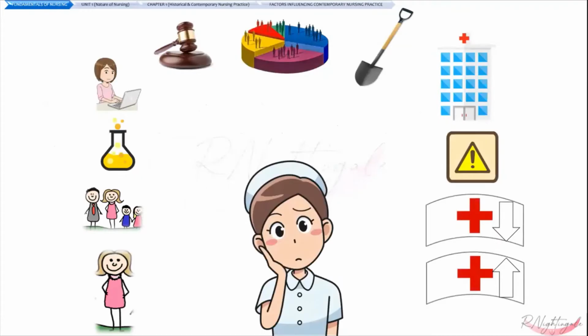So here I have a set of pictures that shows the factors affecting contemporary nursing practice. You can see here a single woman, a group of persons or a family, a beaker, a person working on a laptop, an equipment that is used by a judge in a court ruling, a chart with people on it, a shovel, a hospital, a warning sign, a nursing cap with a downward logo and an upward logo.